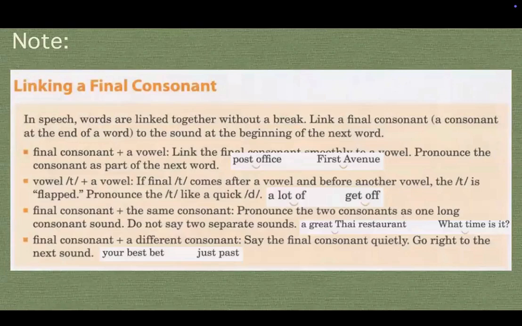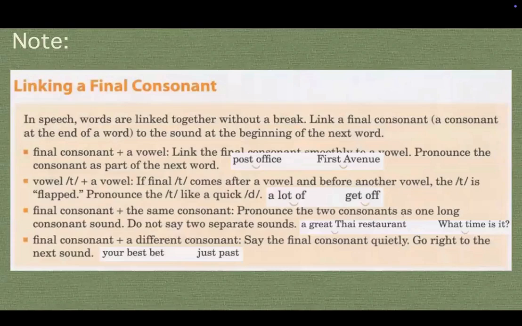Next we have the sentence, what time is it? We will make it long: what time is it? Finally, we have the final consonant plus a different consonant. Say the final consonant quietly and go right to the next sound. Okay, so we have the final consonant in the first example.